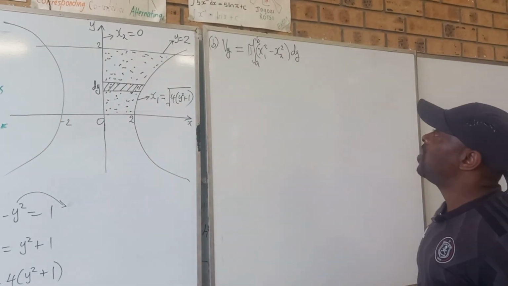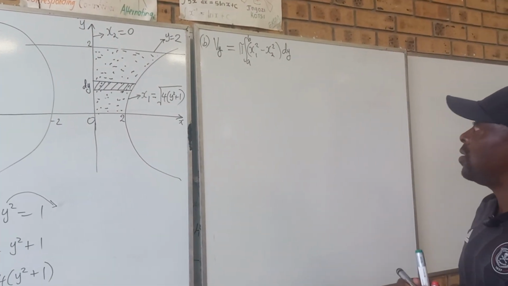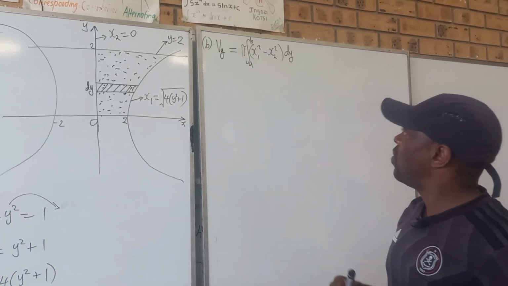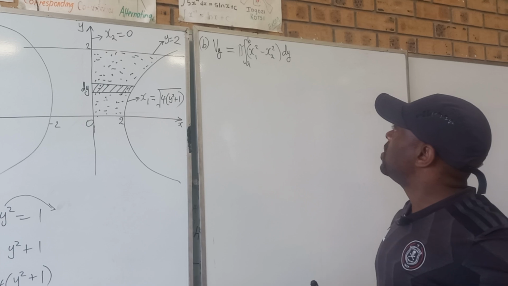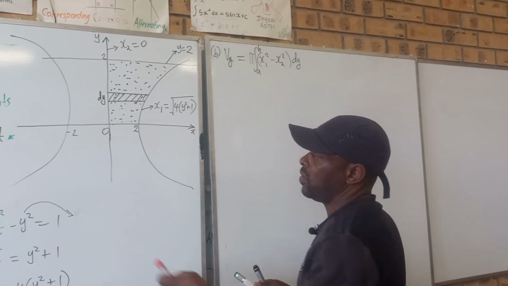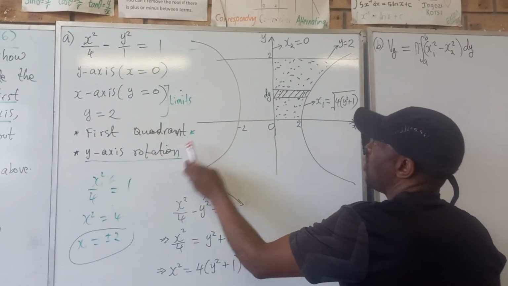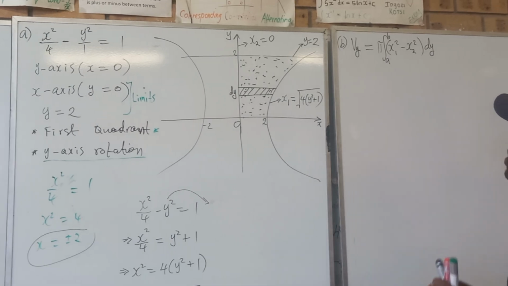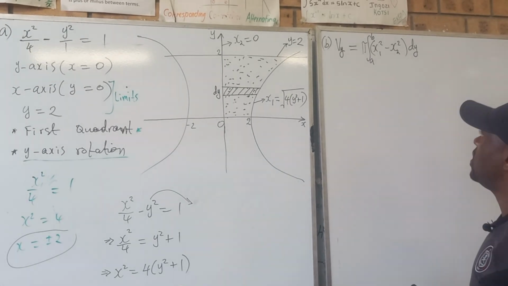And that is the formula for the disk method. How do I know it? I see pi outside. The second way I know it is that my strip must be perpendicular to the axis of rotation. The axis of rotation is y, my strip is perpendicular. That is how you can know that the formula is the disk.